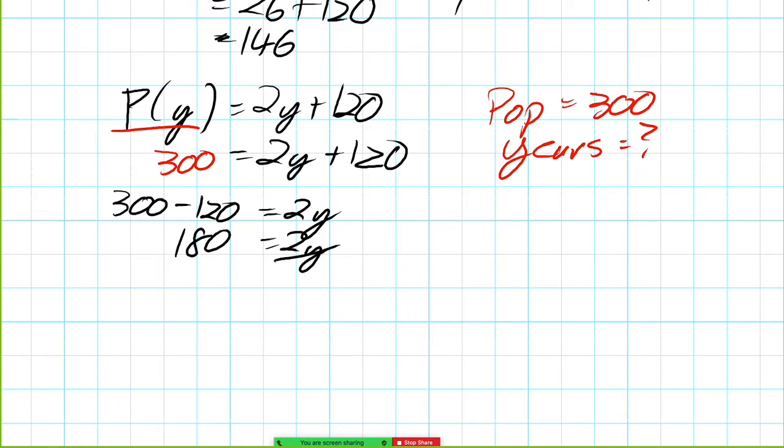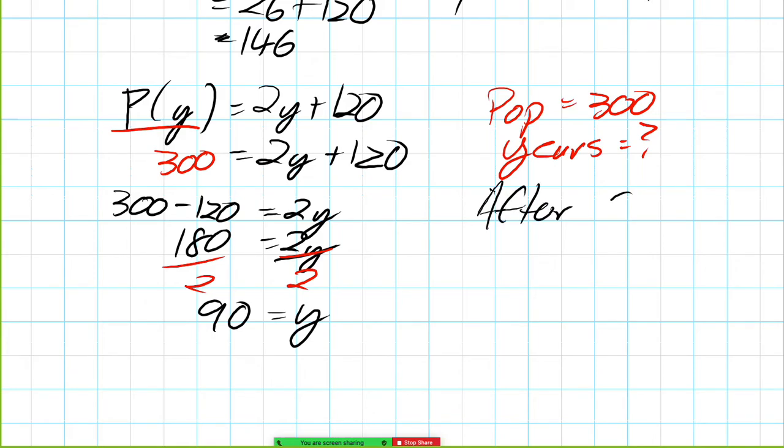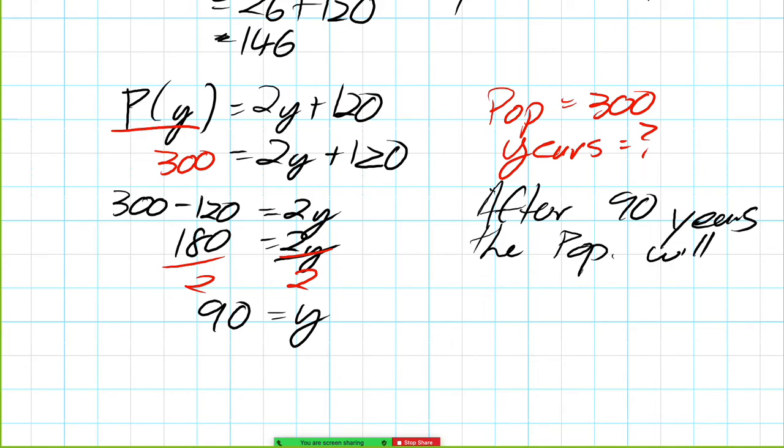We'll divide both sides by 2 to isolate for y. And we'll be left with y is equal to 90. So after 90 years, the population, I'm going to short form that, will be 300.